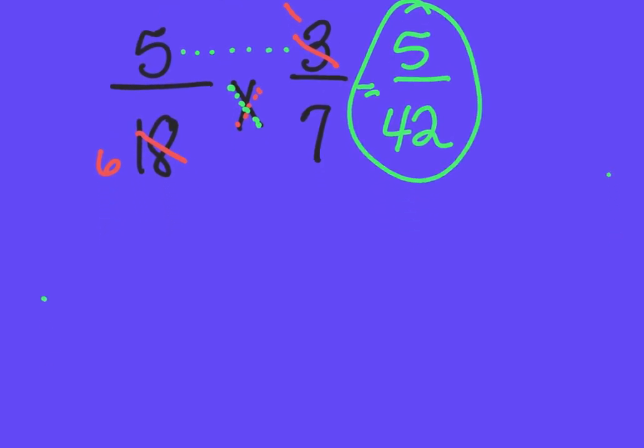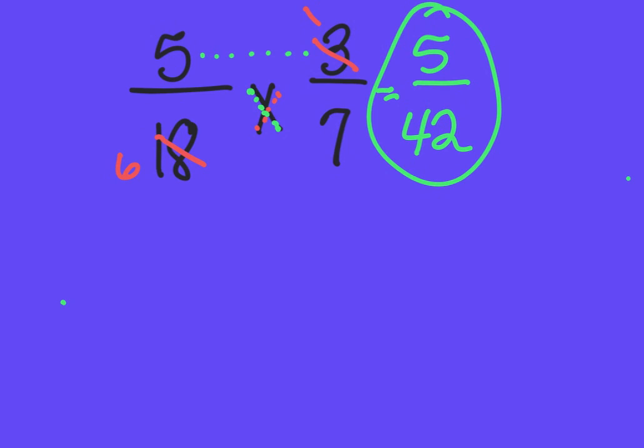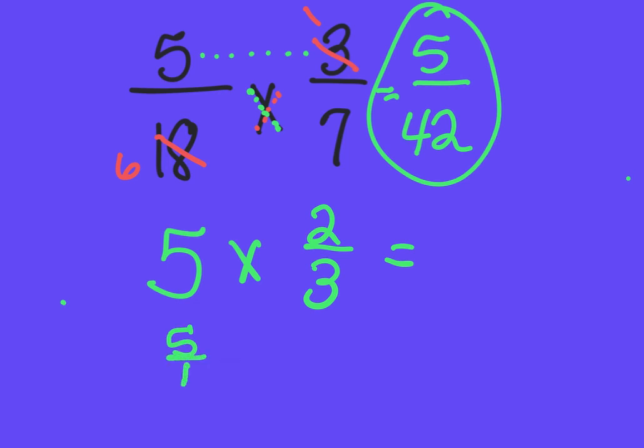If you have a whole number with a fraction, let's say 5 times 2/3. You cannot multiply a whole number with a fraction, so you have to put that whole number over a 1. So before you can multiply, you need to rewrite that as 5 over 1 times 2 over 3, and then you multiply straight across. 5 times 2 is 10. 3 times 1 is 3.